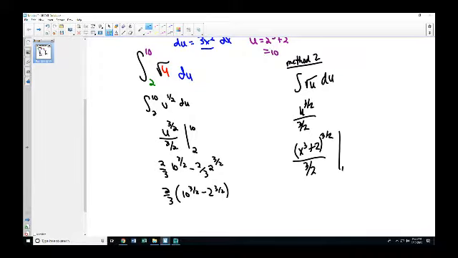Now I'm going to evaluate from 0 to 2. See the small difference? So if I'm in terms of x here, I have to be in x here, but if I transfer everything to be in terms of u, then I'm good to go there. Either way is fine. And then you'll end up with the same answer.